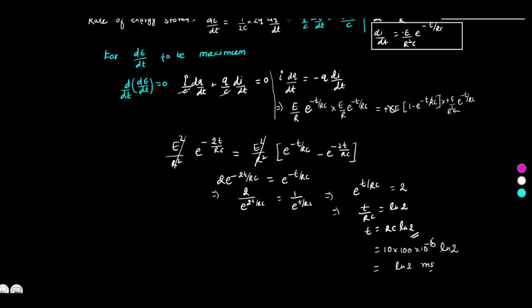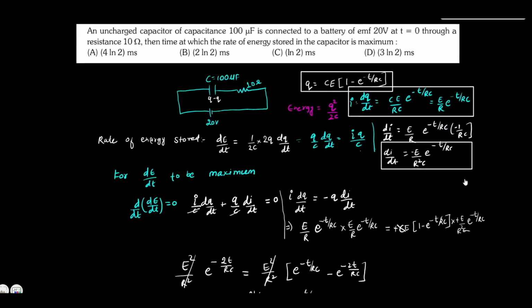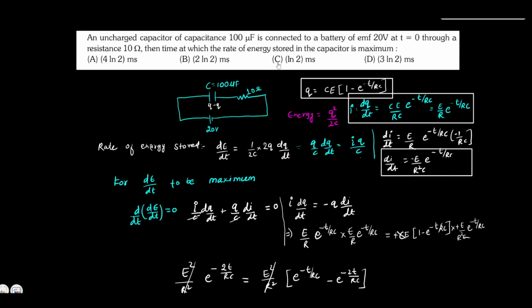Since 10 raised to 3 and 10 raised to minus 6 give 10 raised to minus 3, this is a millisecond. So we get the time as ln 2 milliseconds. So the correct option should be option C.